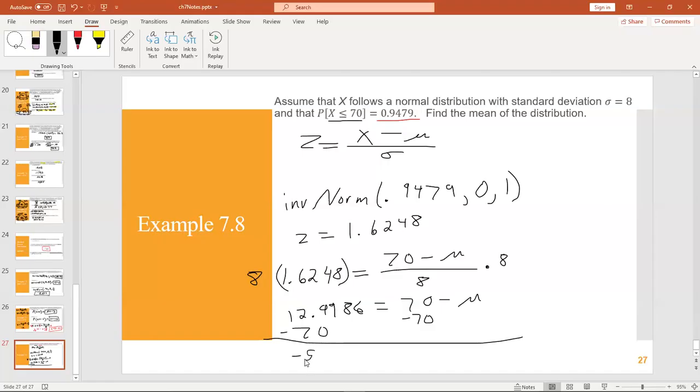So negative 57 is equal to negative mu. That basically means that the mean mu is equal to 57. So there you go. So that way we worked it out a little bit differently and found the mean this time. So that is the end of chapter 7.